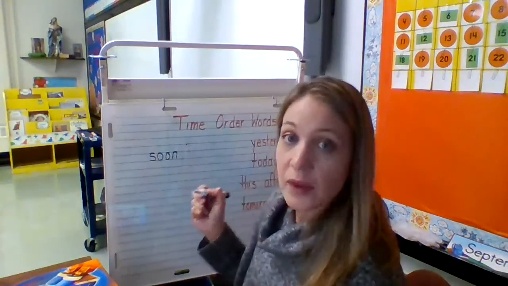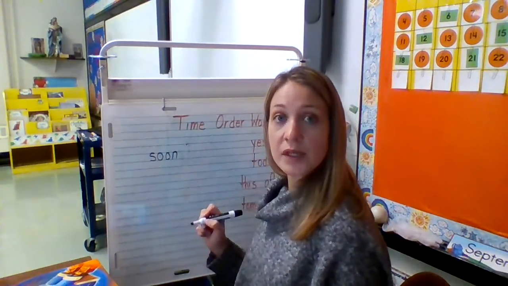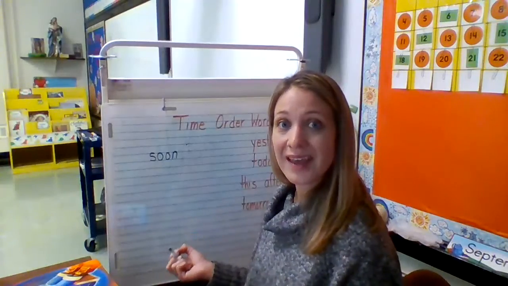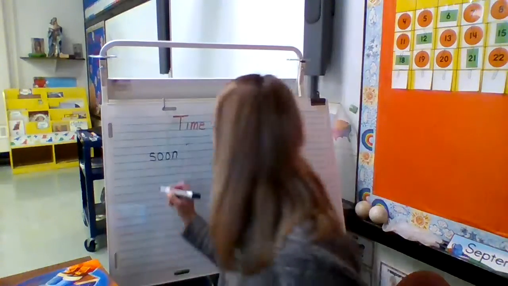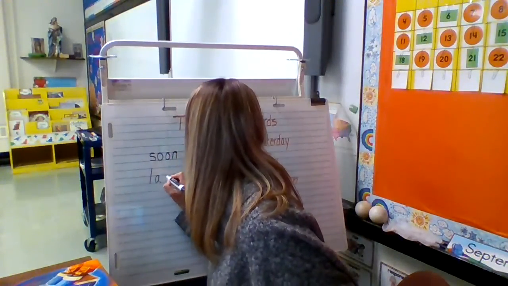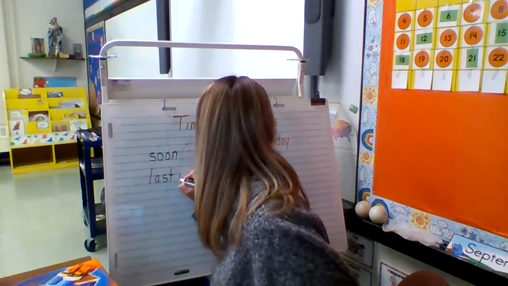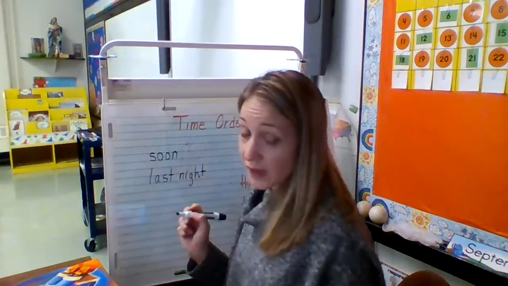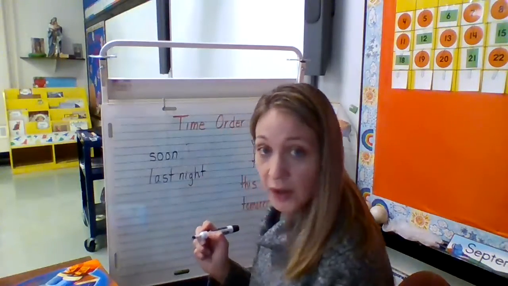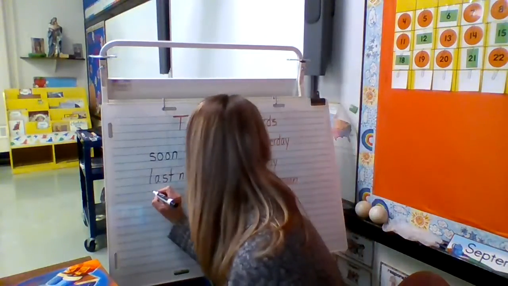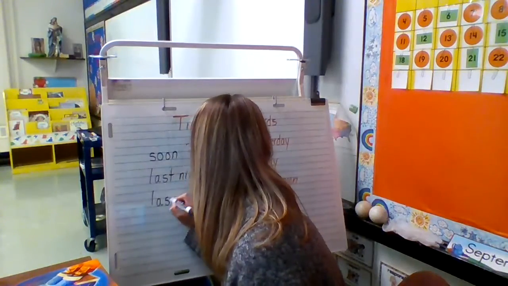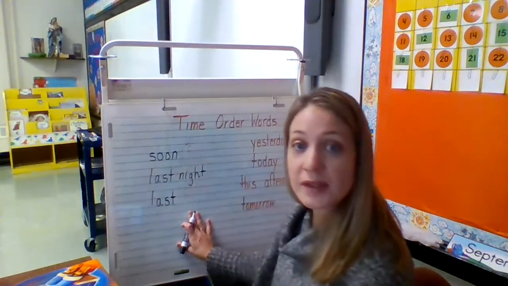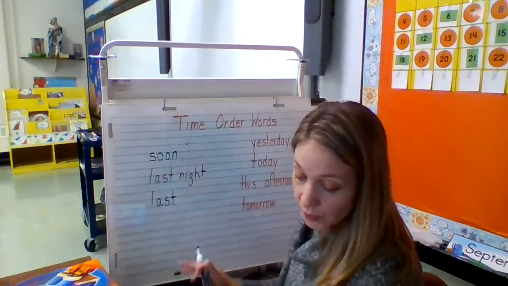Sometimes I will also hear second graders use time order words when they say things like last night. Can you think of any others? Another one we also hear is last. So those are some examples of some more time order words.